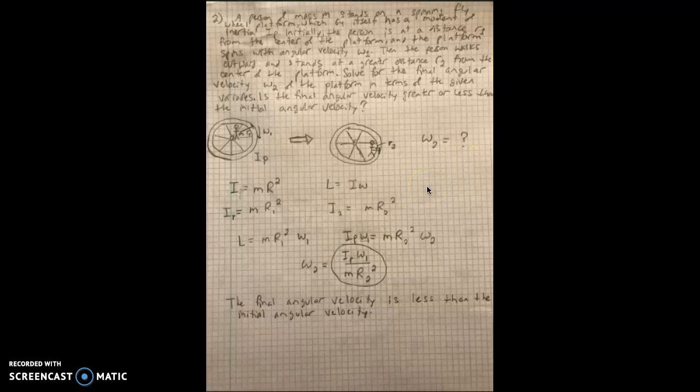It only asks me to solve in terms of given variables, so I do some division and I come up with my answer right here for omega 2, the final angular velocity of the platform in terms of given variables.